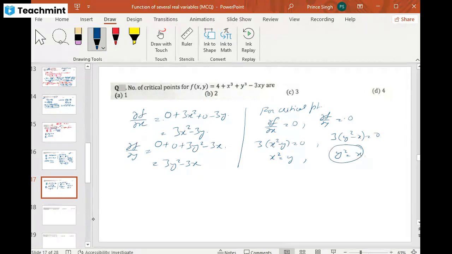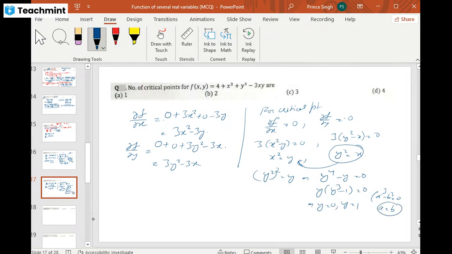So we can substitute the value of x here. It is (y²)² = y, so y⁴ - y = 0, so y(y³ - 1) = 0. It means either y is 0 or y = 1, because a³ - b³ = 0 has only one real root, a = b.